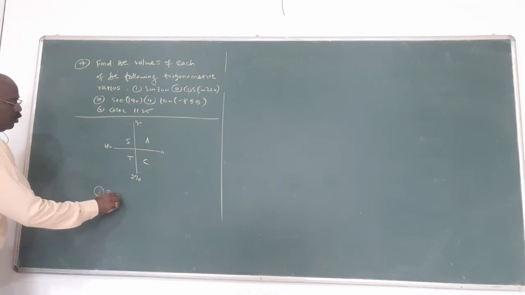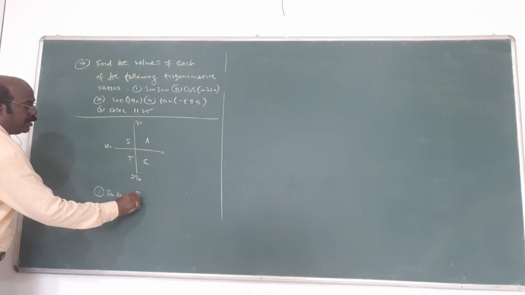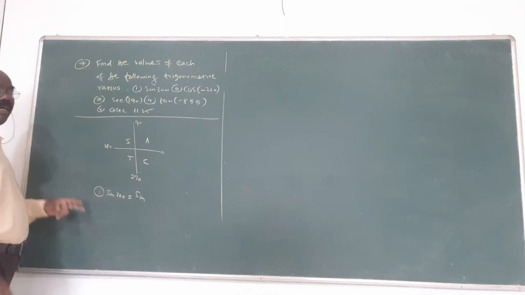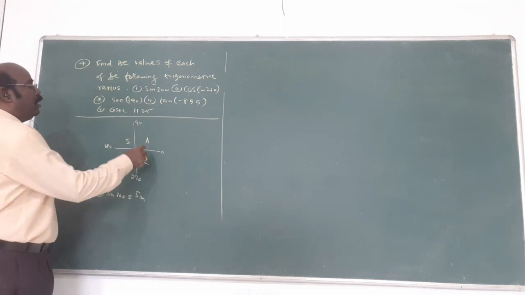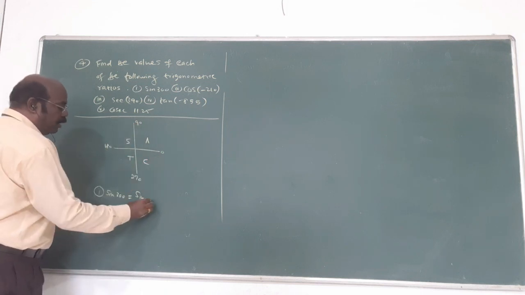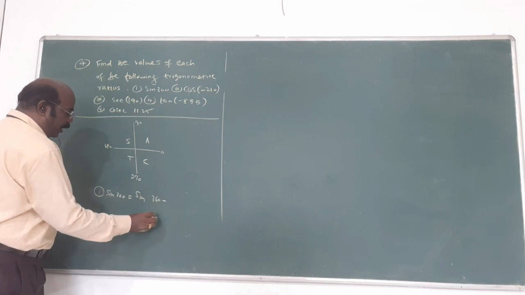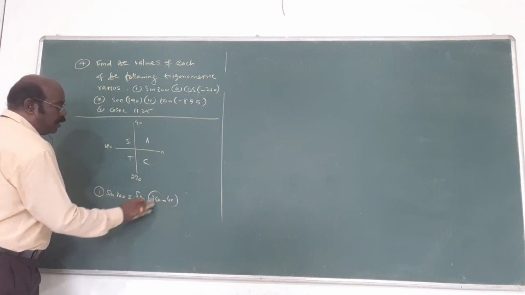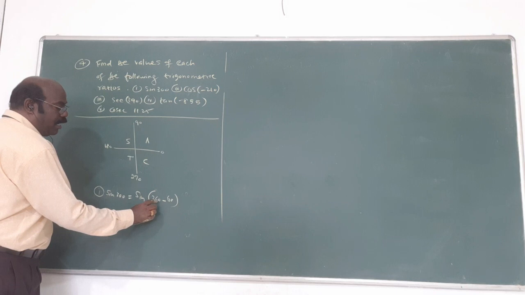Now I start with the first one. What I told you? Sine of 300 degrees. What is the method? You want to introduce 0 degree, 90, 180, 270, 360. That's why I want to use 360 minus 60. First value is what? 360.